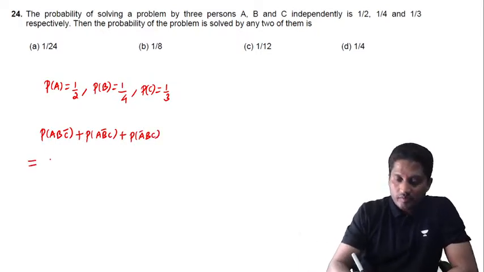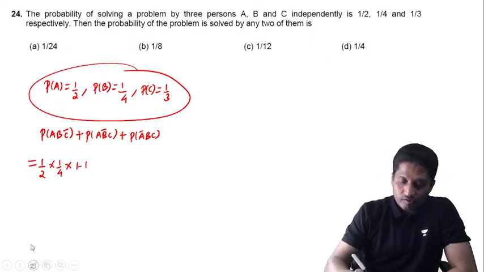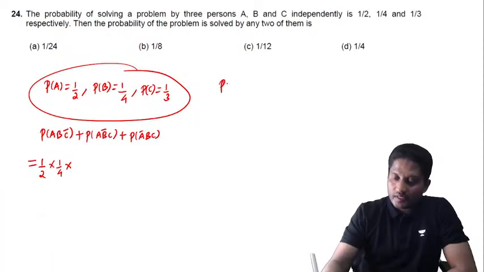Now probability of A solving is 1 by 2, probability of B solving is 1 by 4, probability of C not solving is 1 minus 1 by 3. Let me find here itself so that directly I can substitute. P of A bar is equal to 1 minus 1 by 2, which is equal to 1 by 2. P of B bar is 1 minus 1 by 4, which is equal to 3 by 4.